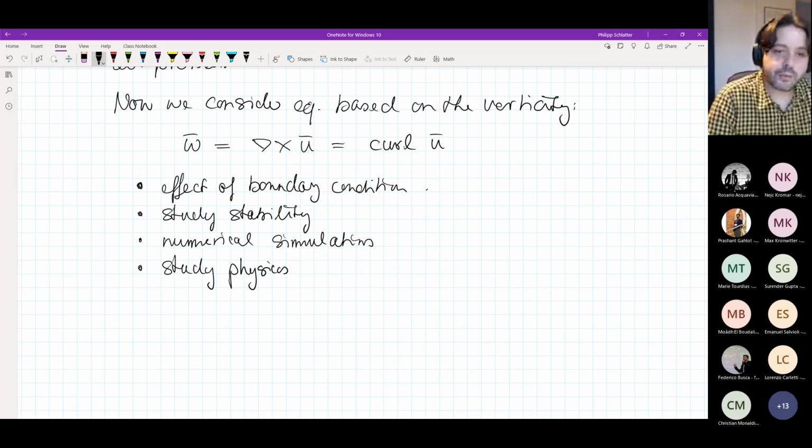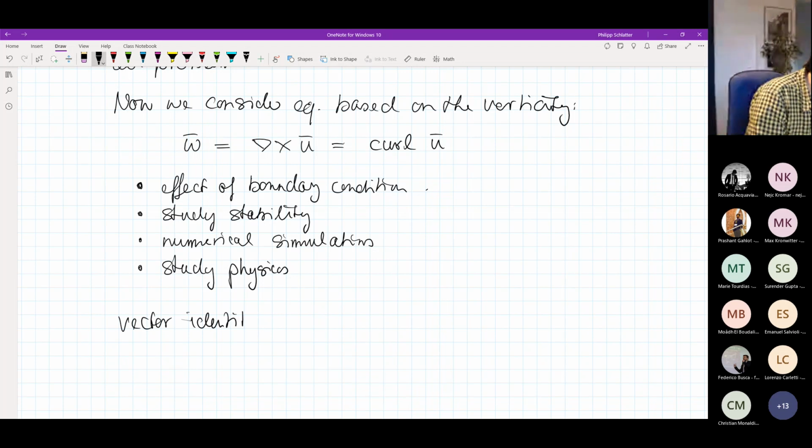Let's just start with some vector identities, which we can then use to derive the vorticity transport equation. So for instance, I'm just writing that down, but you can check yourself.